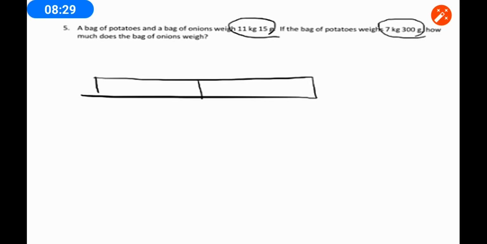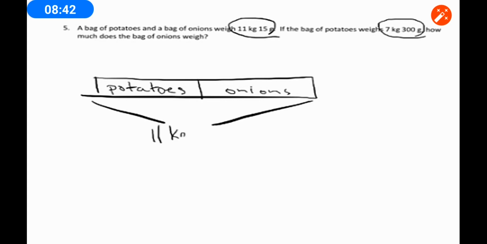The combined weight is 11 kilograms, 15 grams. The weight of potatoes is 7 kilograms, 300 grams.